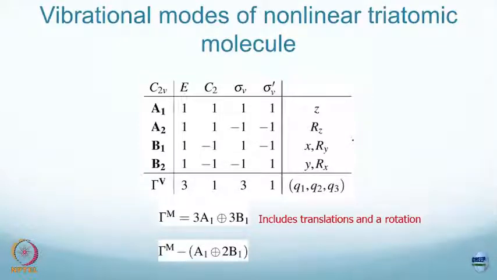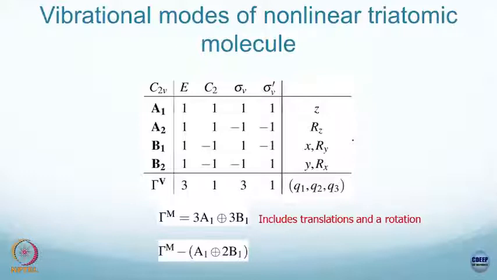Okay, so back to the character table of C2v, and gamma M, you can break it up and write 3 times A1 and 3 times B1, but as he already pointed out, this is 6 degrees of freedom to start with, unlike gamma V which involved 3 degrees of freedom.